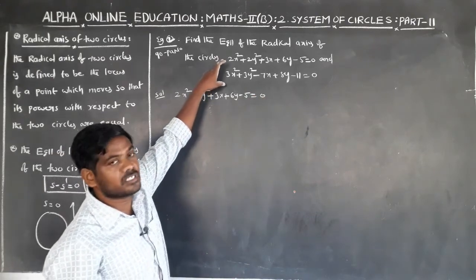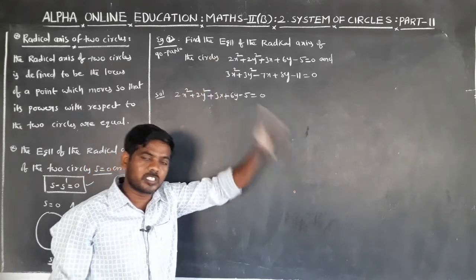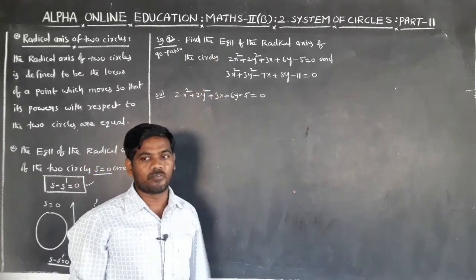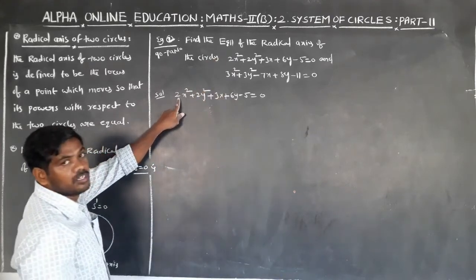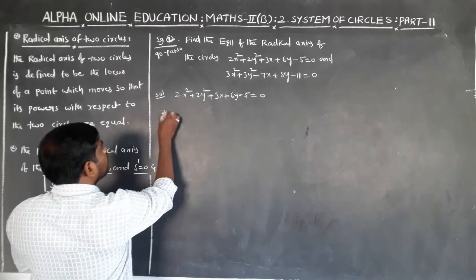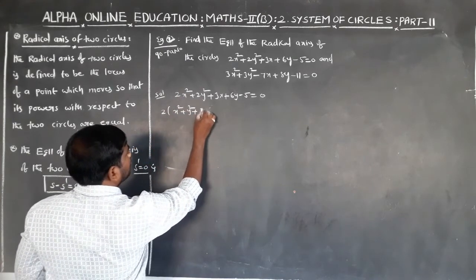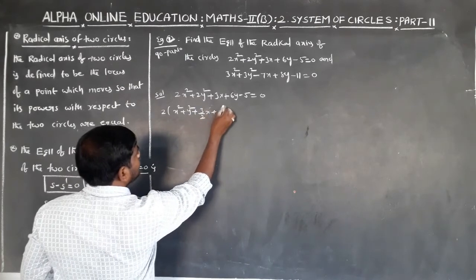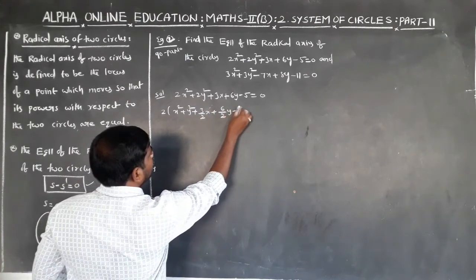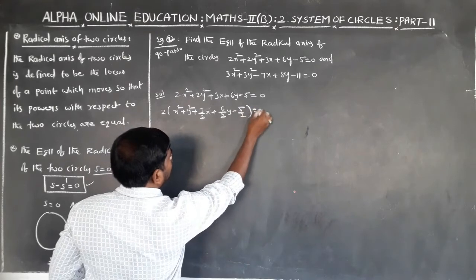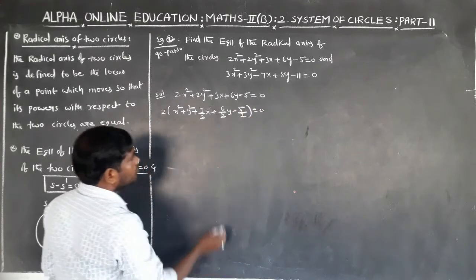Taking 2 common: x square plus y square plus 3 by 2x plus 6 by 2y minus 5 by 2 is equal to 0.